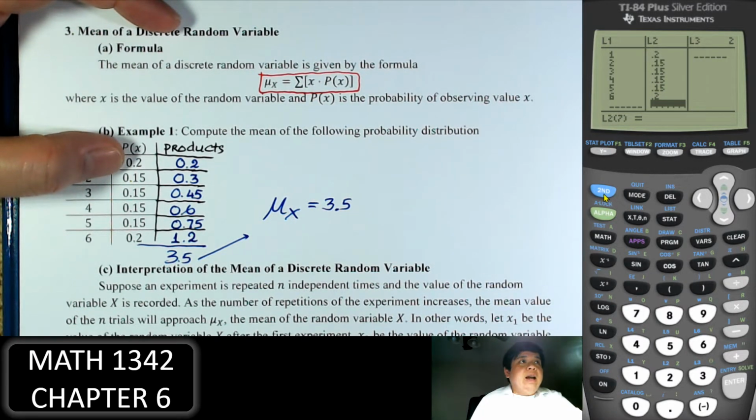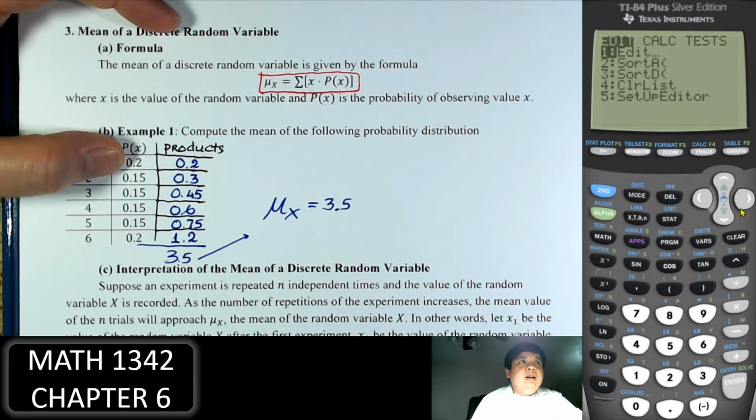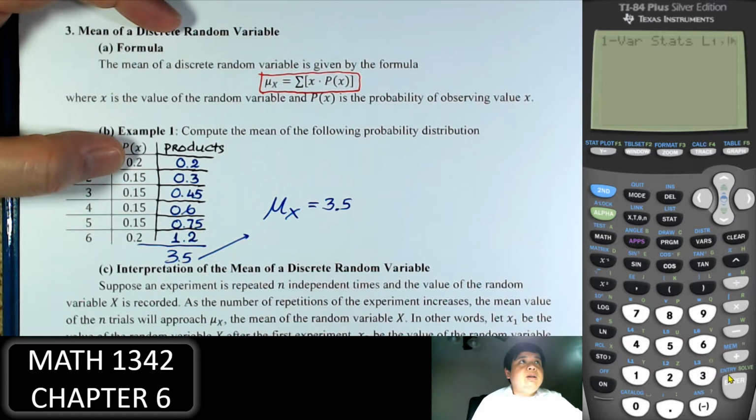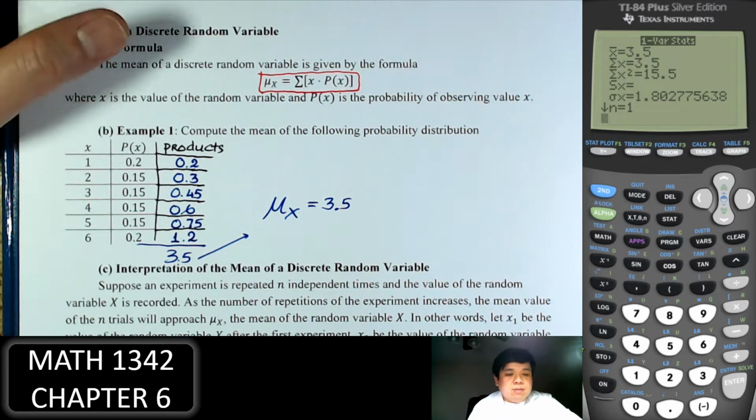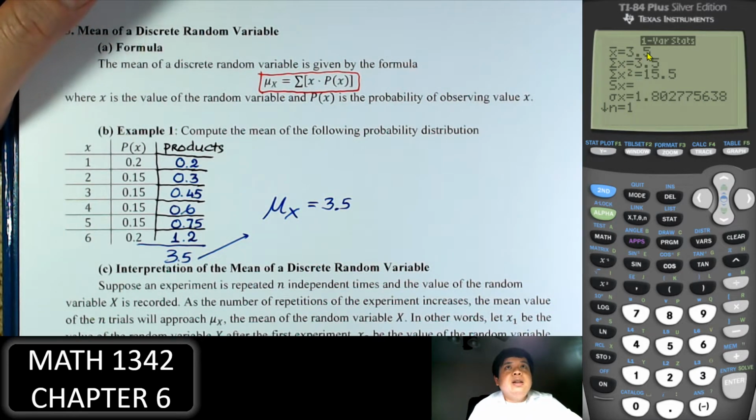Right, and then second mode. Now we go to calculate, one variable statistic, list 1, and the frequency list is list 2, and then just calculate. Right, we have the mean of 3.5. Yeah, this is the mean.